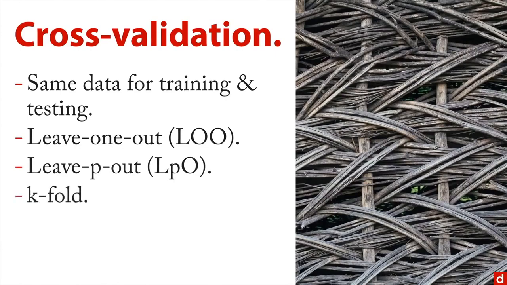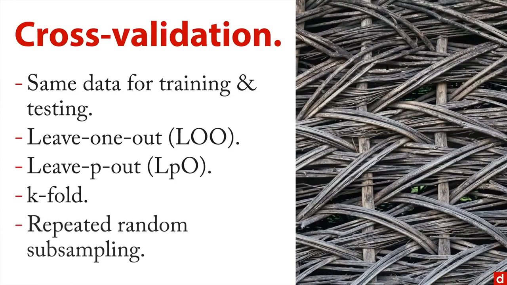There's K-fold, where you split the data into, say, for instance, 10 groups, and you leave out one and you develop it on the other 9, and then you cycle through. And there's repeated random subsampling, where you use a random process at each point. Any of those can be used to develop the model on one part of the data and test it on another, and then cycle through to see how well it holds up under different circumstances.